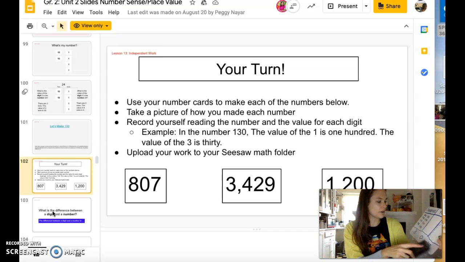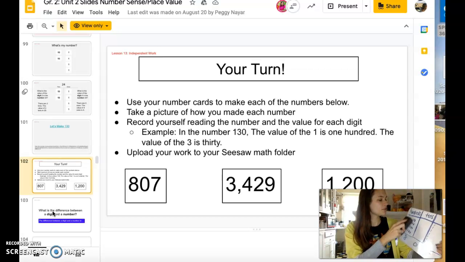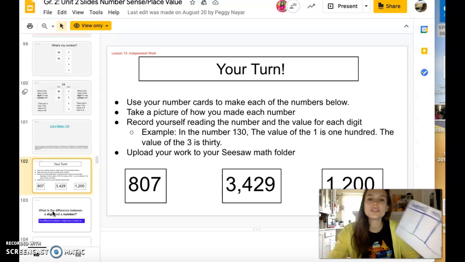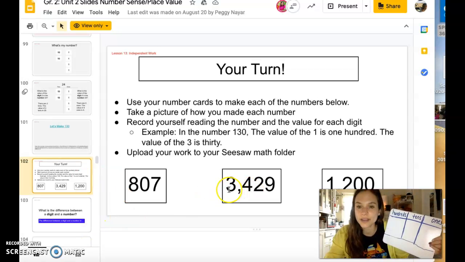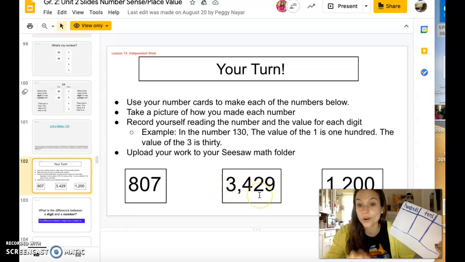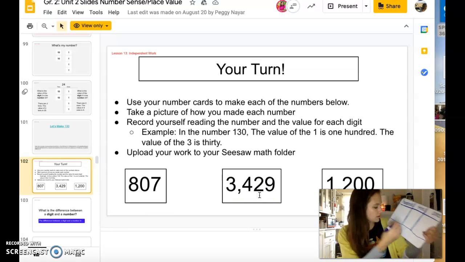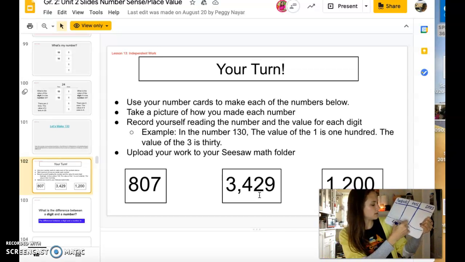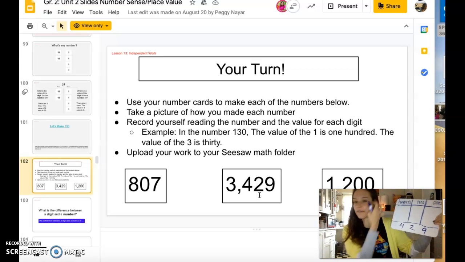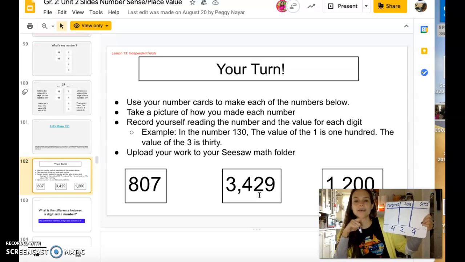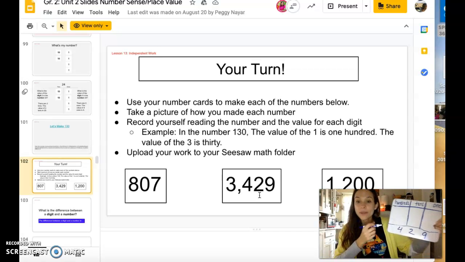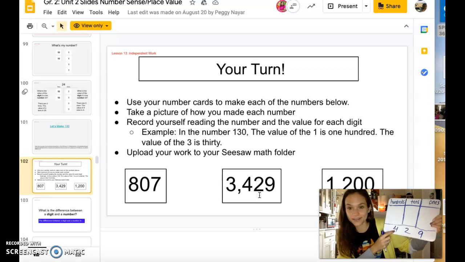Let's try another number. We aren't going to do the numbers that are on the slides. We're just going to take away 3,000 right now, and we're just going to do 429. So write 429. How many hundreds do we have?